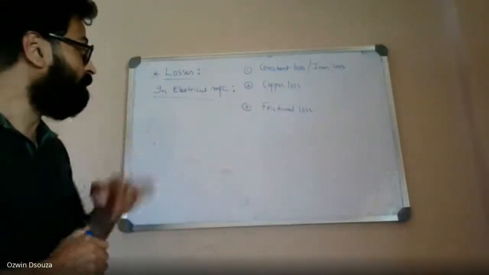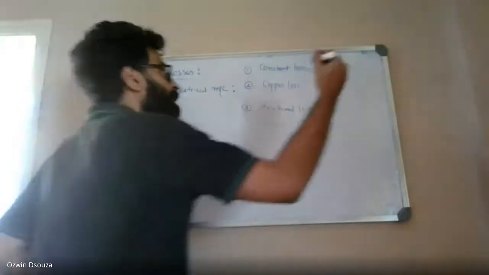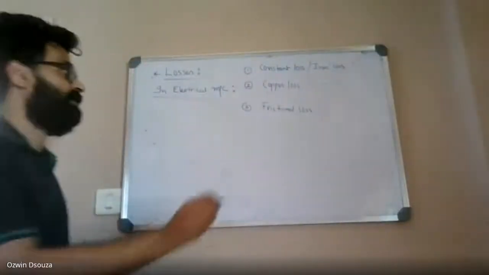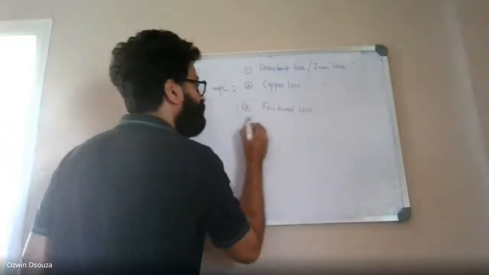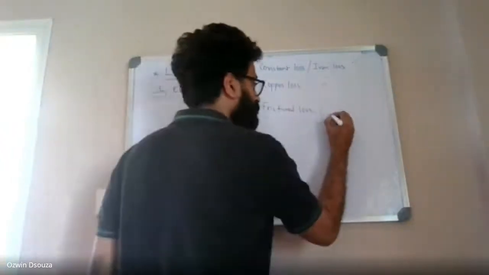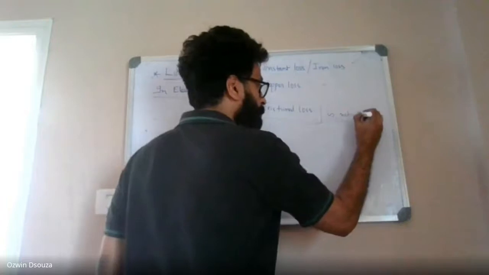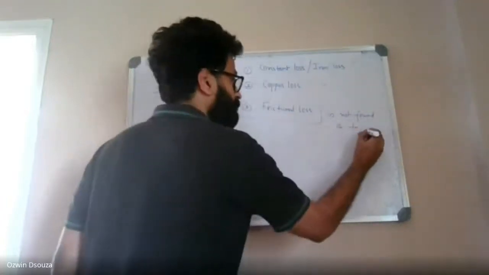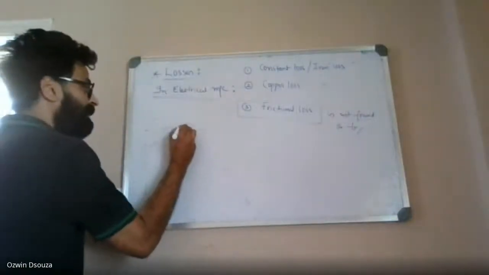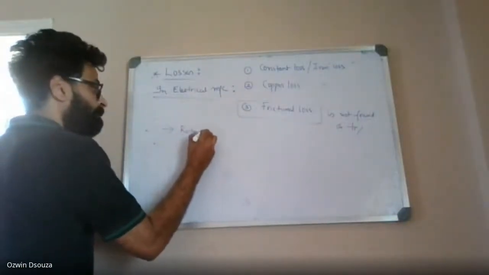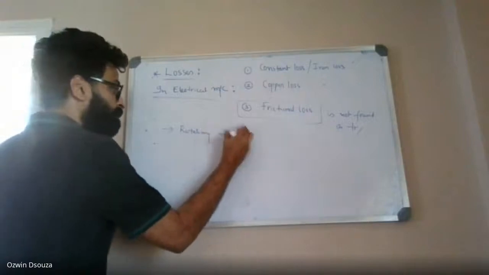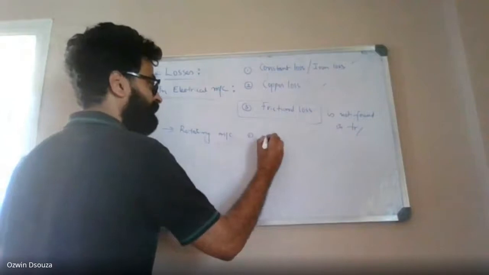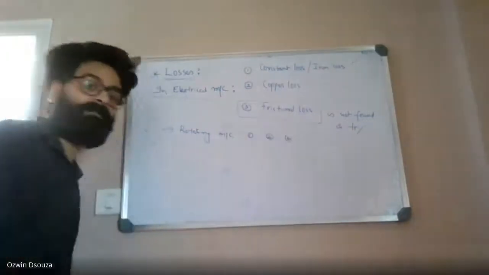Now, in case of transformer, only the first loss and second loss are considered. The third loss, that is the frictional loss, is not found in transformer. For rotating machines, all the three losses are considered, that is serial number 1, serial number 2, and serial number 3.